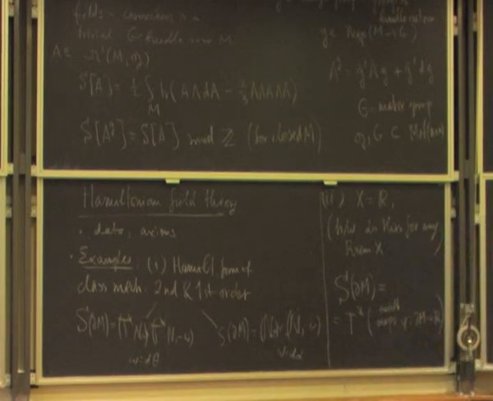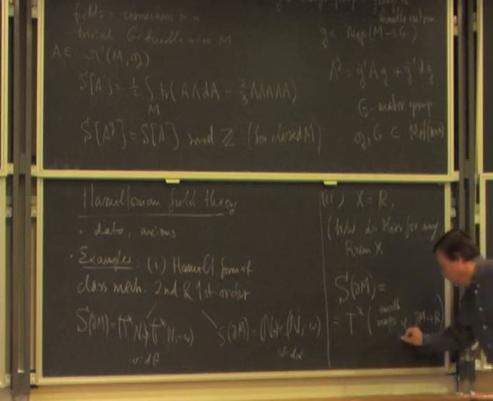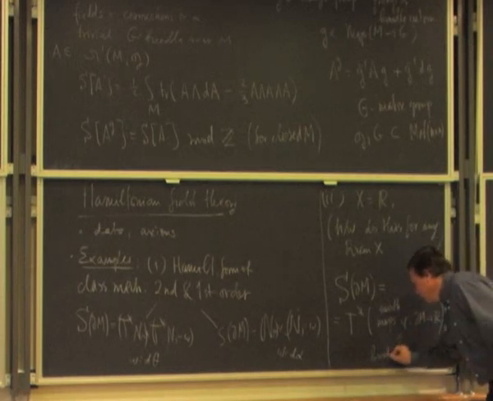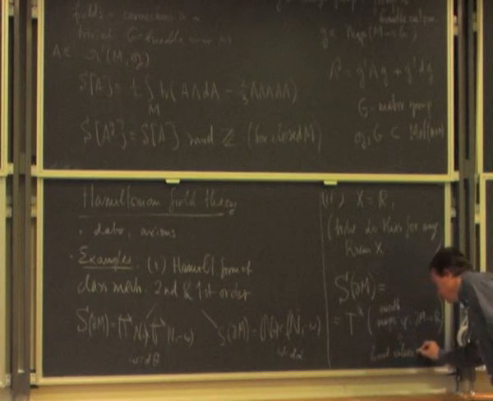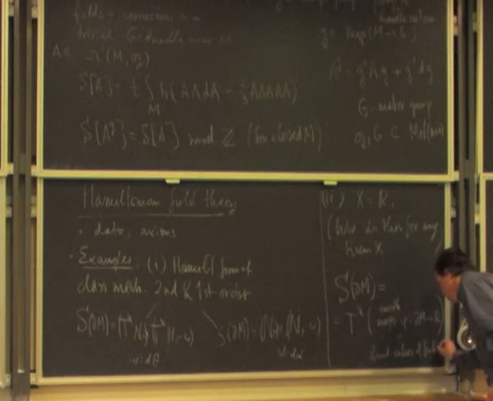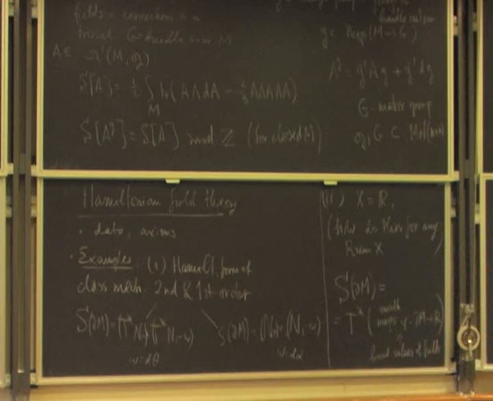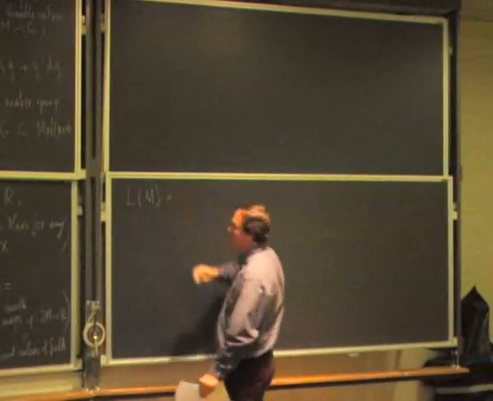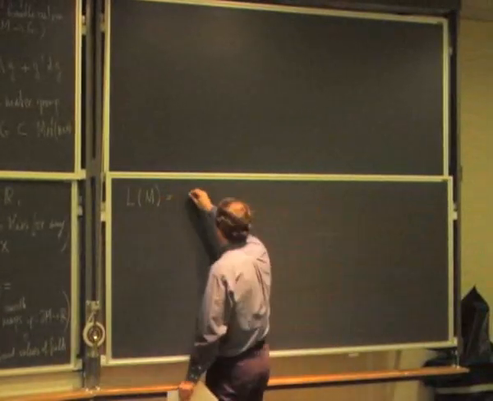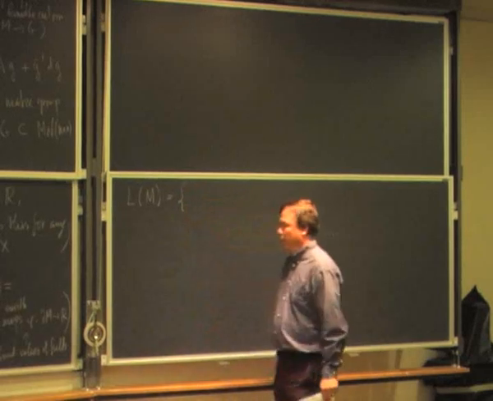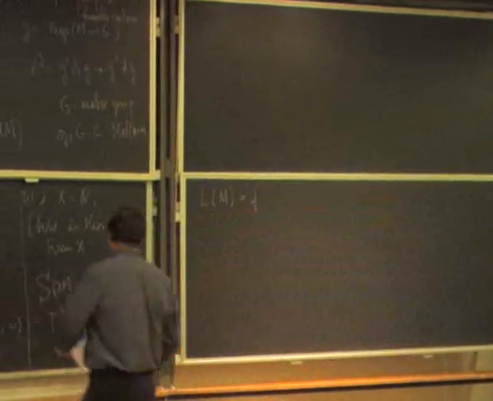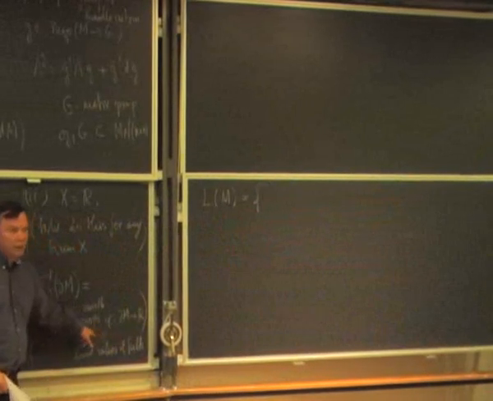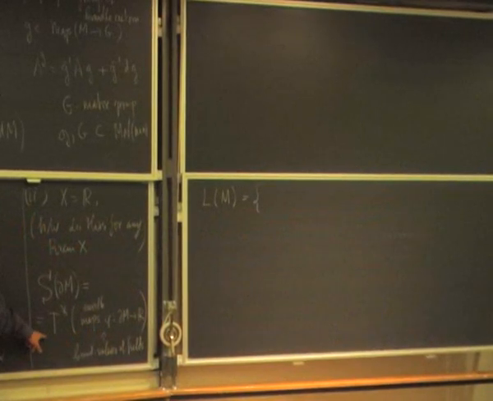So this is the cotangent space to the boundary values of fields. And the Lagrangian subspace in this case is the, well, let me introduce, so this is really an infinite dimensional vector space, and we are talking about the cotangent bundle to an infinite dimensional vector space.